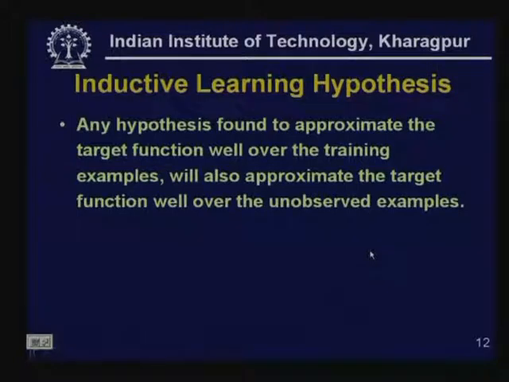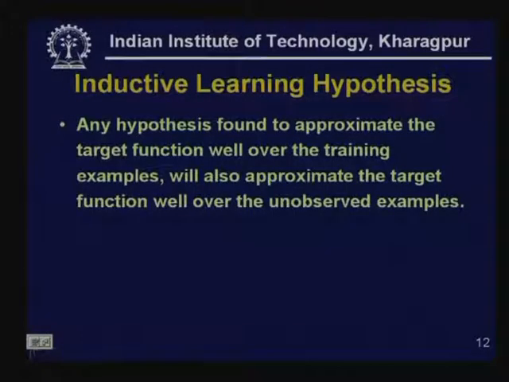So, now our objective, as we said in the inductive learning, is given a set of training examples, we have to learn a description or we have to learn a hypothesis. And as we have noted, we cannot learn this deductively because we do not have access to information about all the instances.